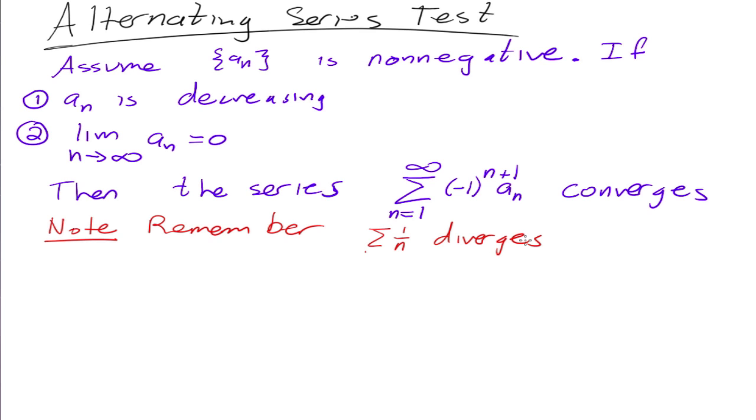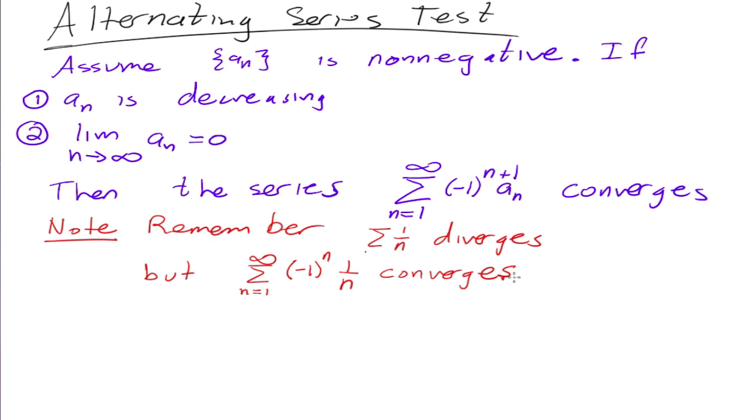So that one diverges, but if I follow the alternating series test, notice that if I have the same exact series except that it's alternating, 1 over n is decreasing, right? Just going down. And the limit as n goes to infinity of A sub n, which is 1 over n, is going to 0. So according to the alternating series test, this series right here is going to converge, right?